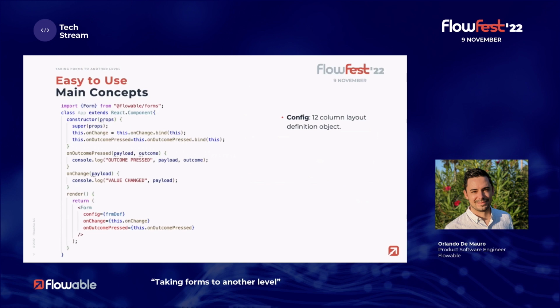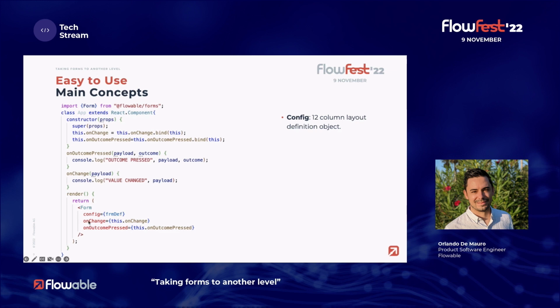So let's start to speak about some of the main concepts of our Flowable Form library. One of the main concepts is the config file, so the config object, sorry. It is a 12-column layout definition that we can pass to our form. So here on the left, you can see a simple example of a React application that is rendering our form, and we are passing to it the configuration.